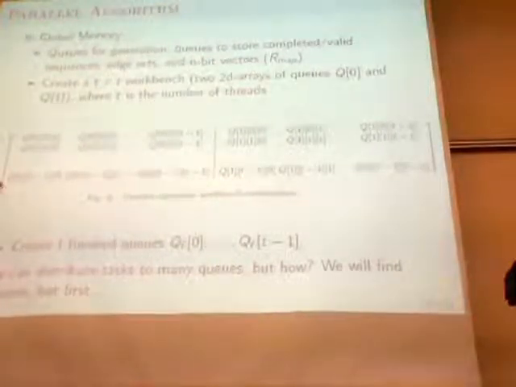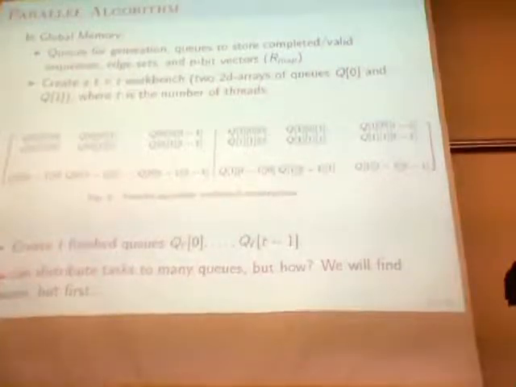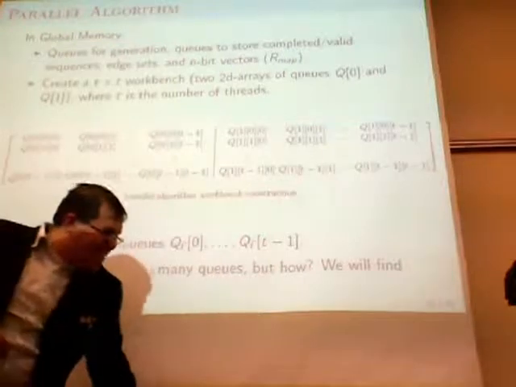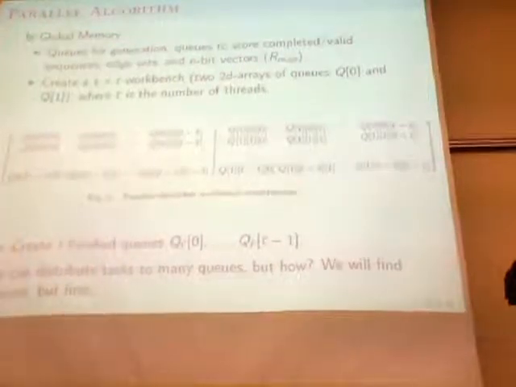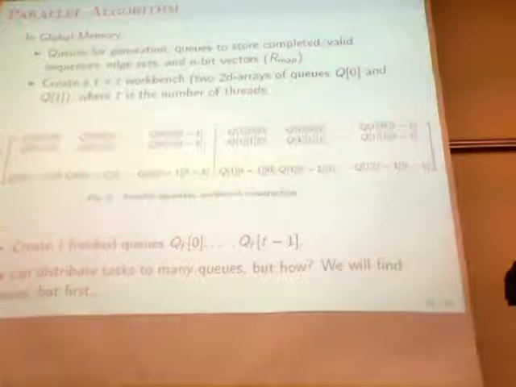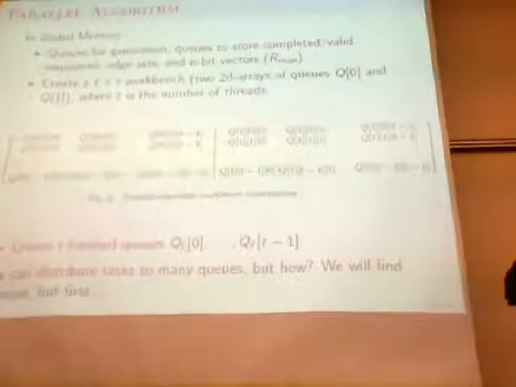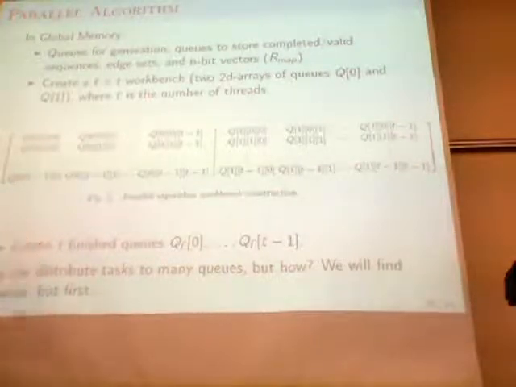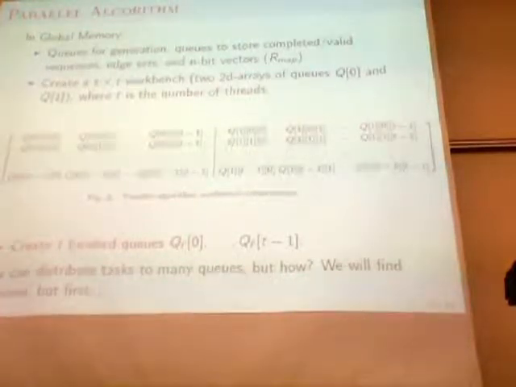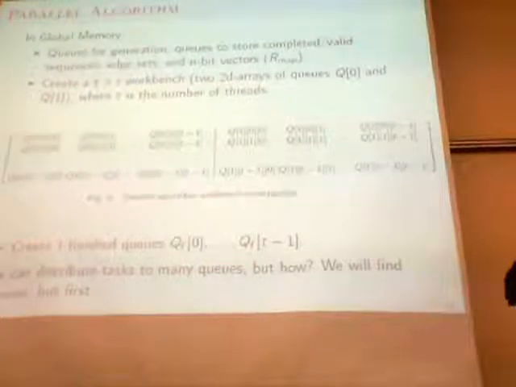I bet you can already see one thing that's going to come back at us: that's a lot of queues. We'll be using this in a clever way. Also we're going to have T finished queues. Why? Because we want each thread to have the ability to throw valid sequences in without touching one another in memory. So we want to distribute the data in a manner so that we don't get this memory entanglement.